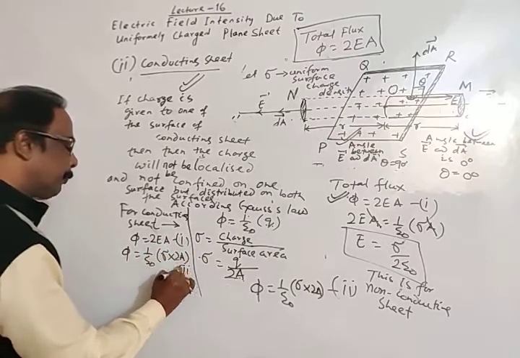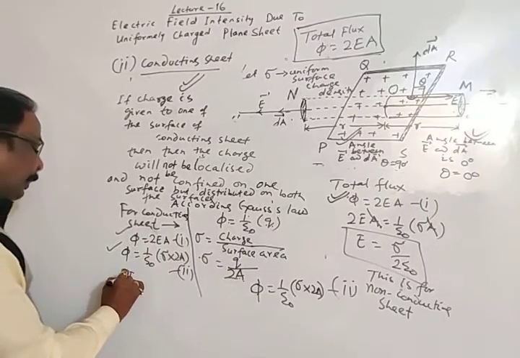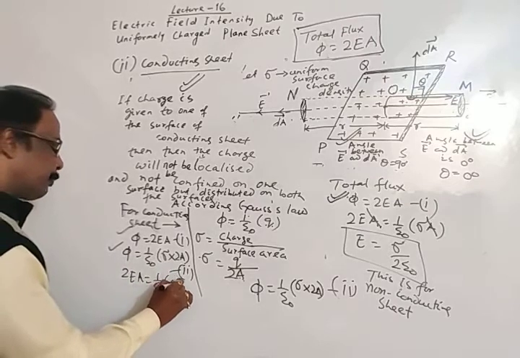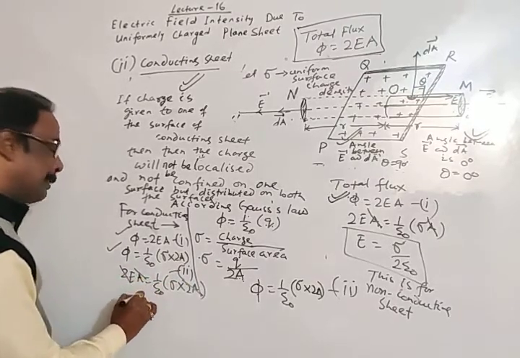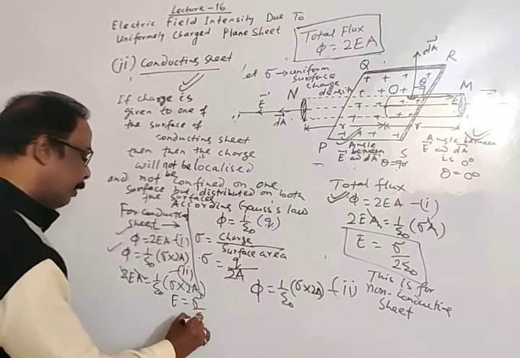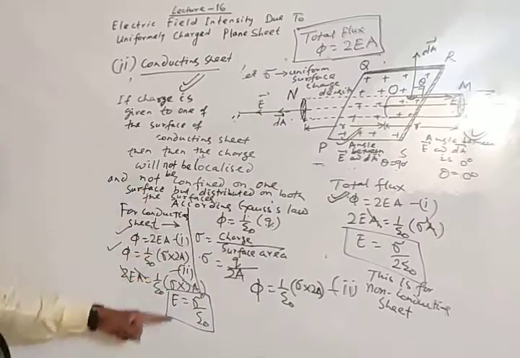This is equation 2. Now equating equations 1 and 2, 2EA is equal to 1 by epsilon naught times sigma into 2A. The 2A gets cancelled, then electric field is sigma divided by epsilon naught. This is for the conducting sheet.